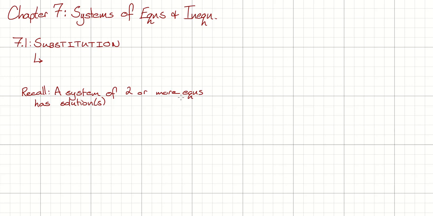At the points that make all equations in the system true. That's it. When we solve a system of equations, we're just looking for any ordered pairs or triples or four-tuples, however many coordinates there are, depending on the dimensions that we're looking at. We just want every equation to be true.